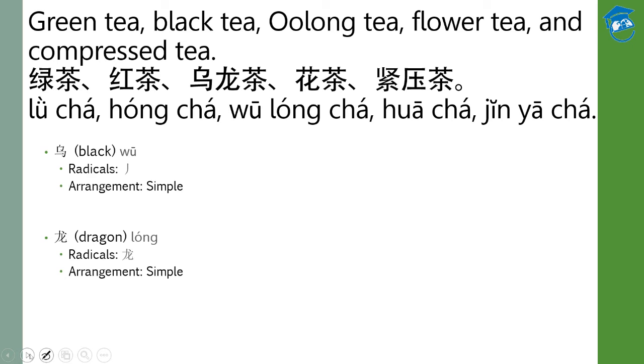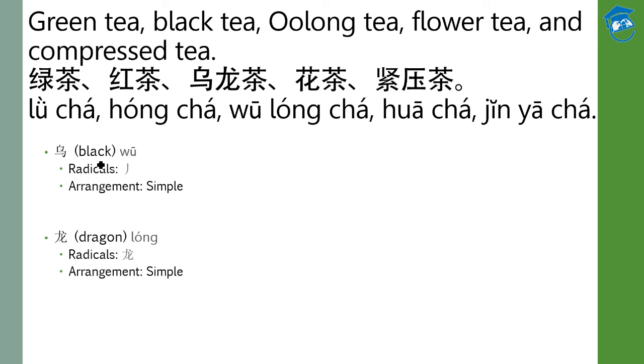Okay, there are quite a few new words here, so let's look at them one by one. The first one is wu. Wu means black, or sometimes in old texts it can mean void or empty, but it is quite an old Chinese usage.